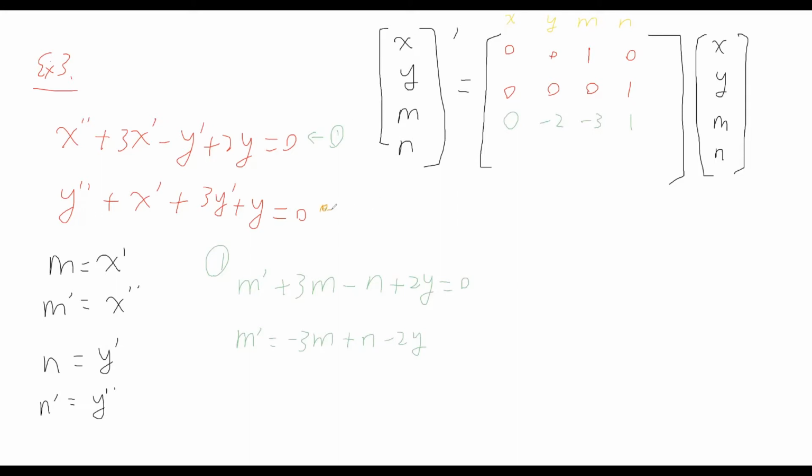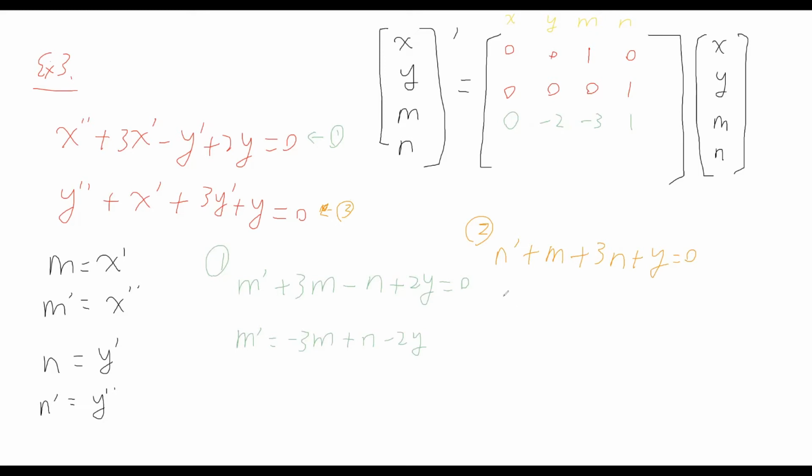Now this second equation is going to give us y double prime, which is n prime, right? Our last row here. And again, replace the second equation using our new variables. So y double prime is n prime plus x prime, that is m, plus 3y prime, y prime is n, plus y is equal to 0.